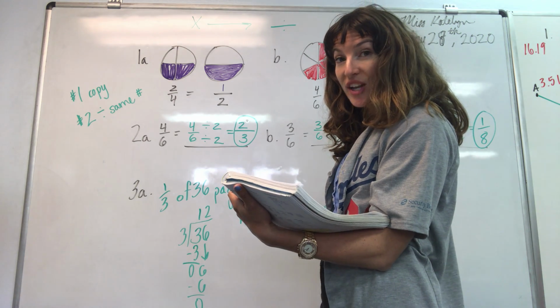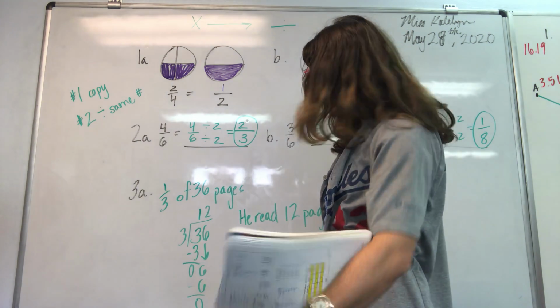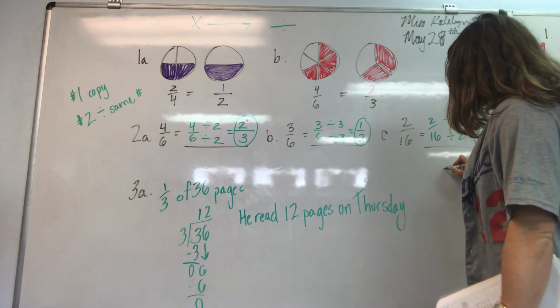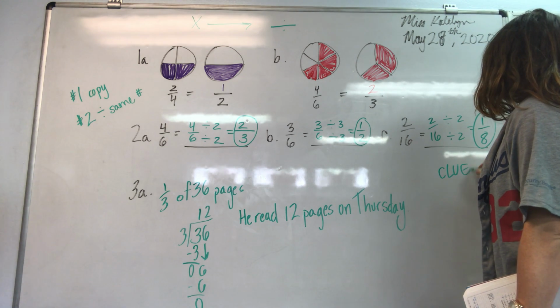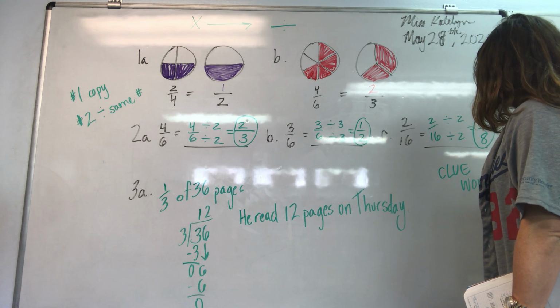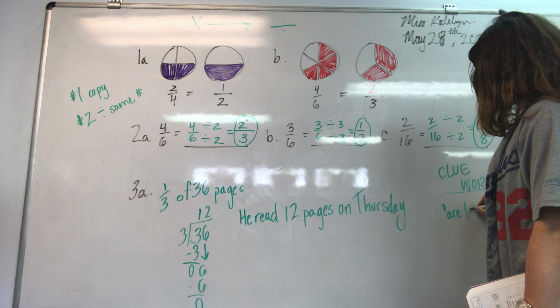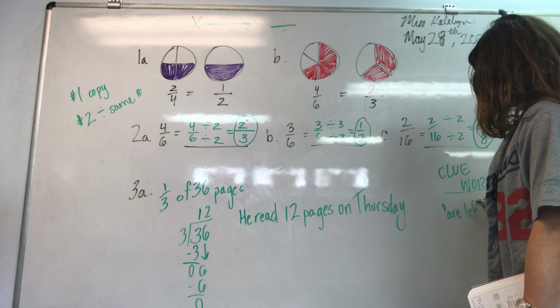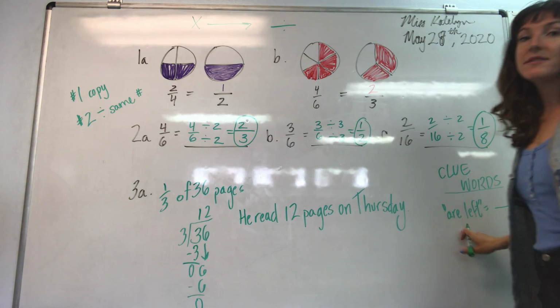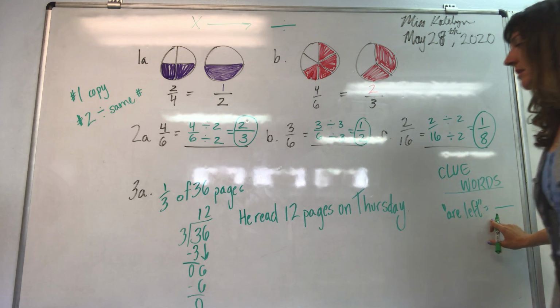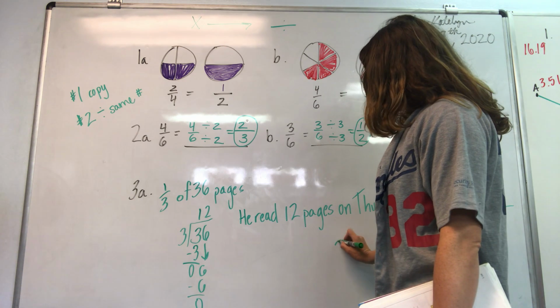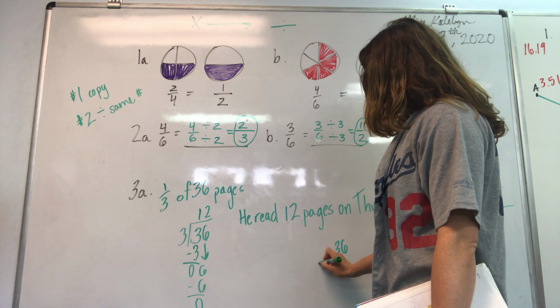How many pages are left to read? Okay, clue word or clue words. Left tells you to subtract. There are 36 total pages.